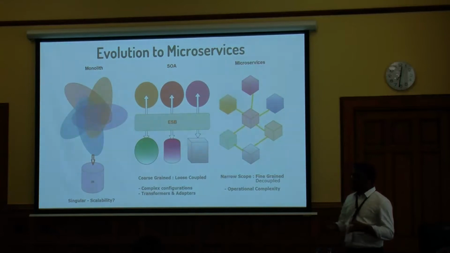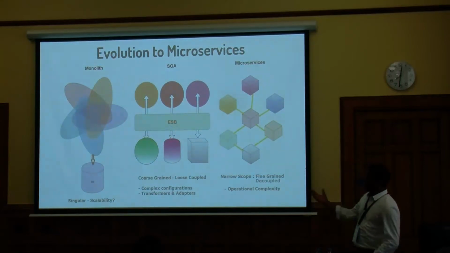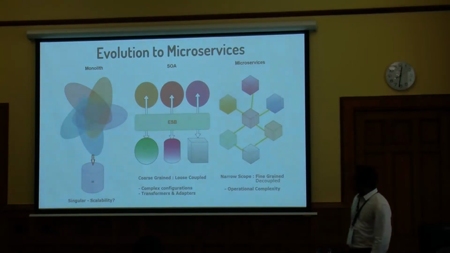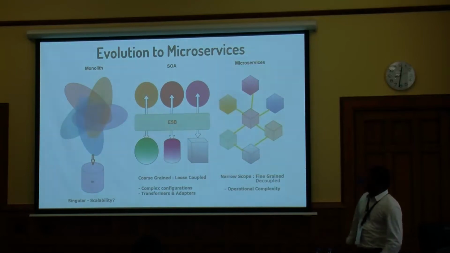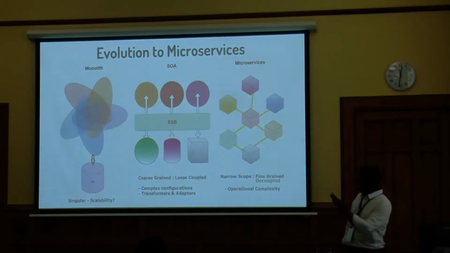It's all in one big box, and they communicate with one DB or many backend systems. Scalability is a major issue here, and also lots of non-functional requirements. You will think about capacity planning and how scalable our architecture is. That is one of the big disadvantages of the monolith.